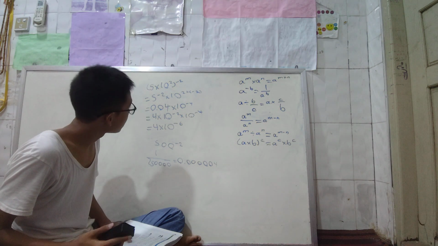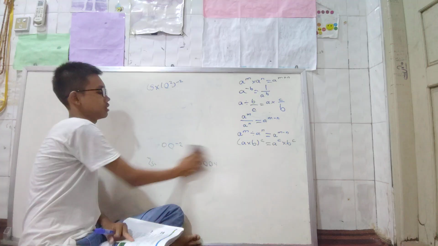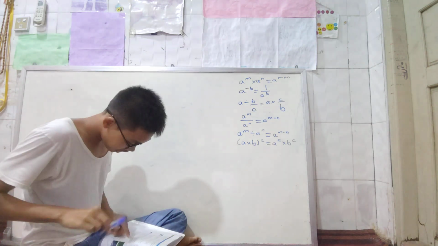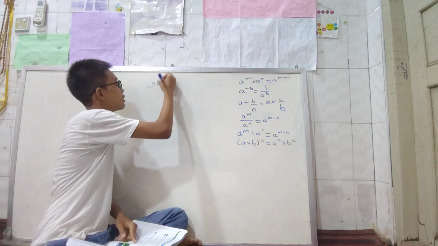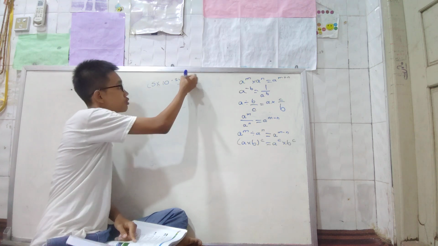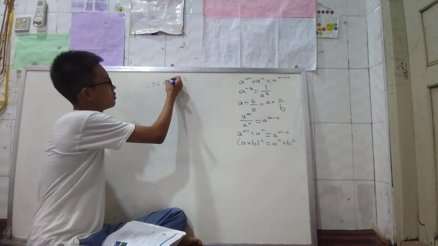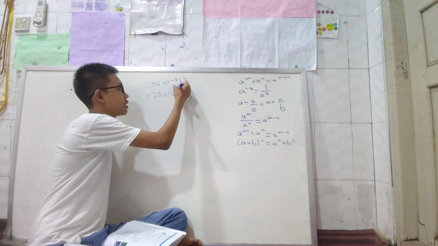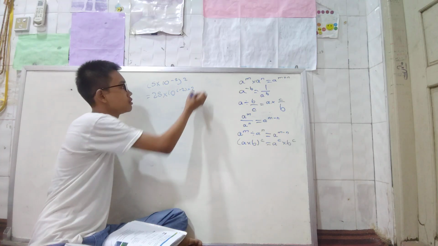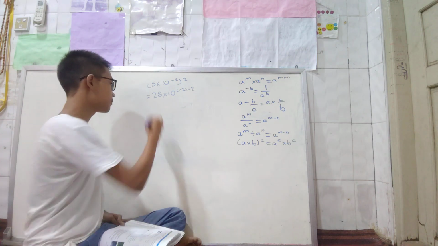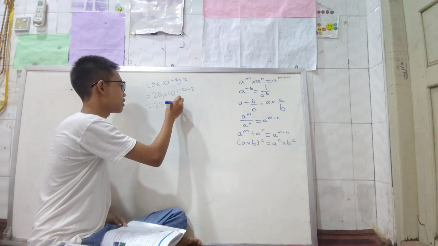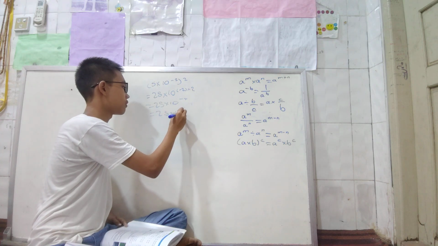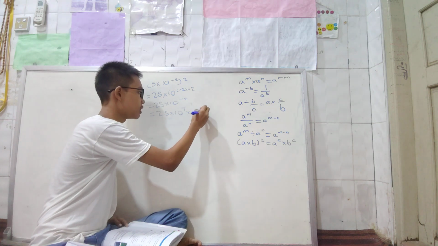The next one is 5 times 10 to the power of minus 2 squared. So that's going to be 25 multiplied by 10 to the power of minus 2 times 2, which is like minus 4. 25 times 10 to the power of minus 4. So that's going to be 2.5 times 10 to the power of 1 times 10 to the power of minus 4.